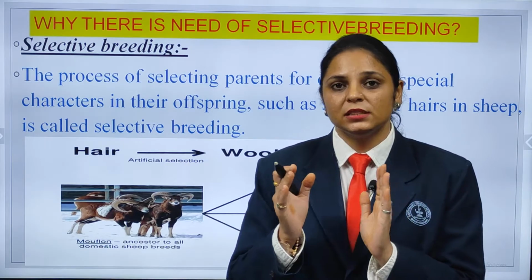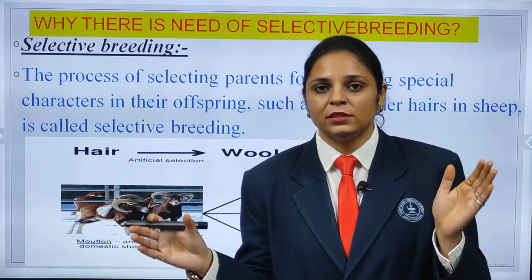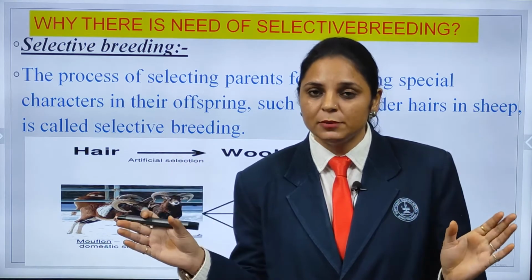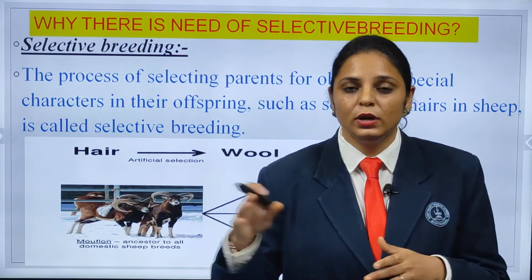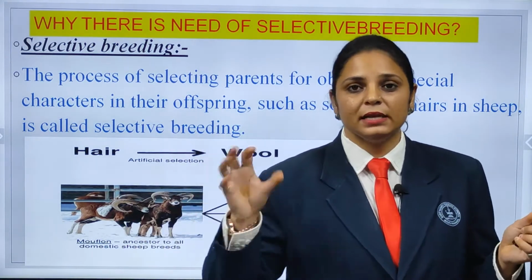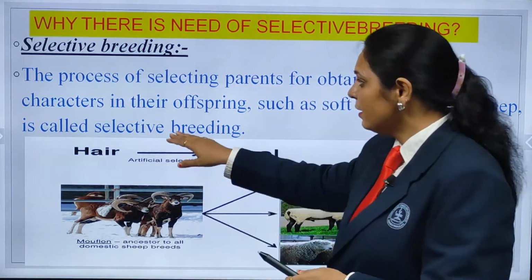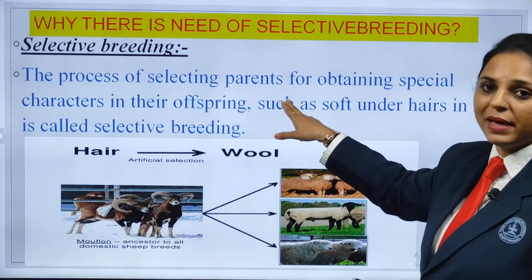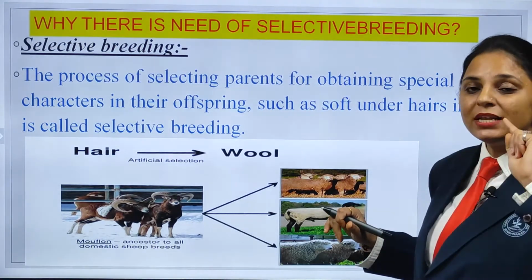Selective breeding is the breeding of two different sheep. One is yielding a good quality of wool, and secondly, the bulkiness is provided. Then the mating of these two is done. It is the process of selecting the parents for obtaining the special character.